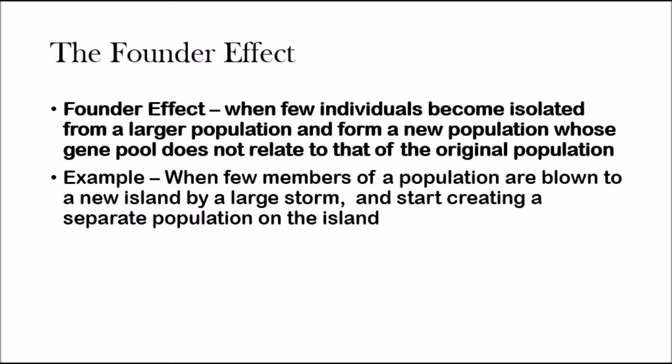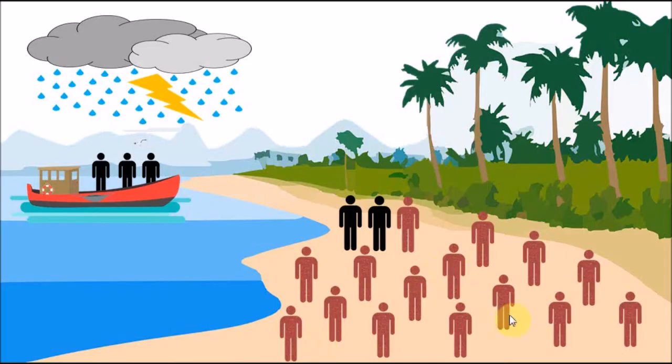The founder effect is when few individuals become isolated from the larger population and form a new population whose gene pool does not relate to that of the original population. For example, when a few members of a population are blown to a new island by a large storm and they start creating a separate population on the island. So you have all these members and then a couple of them are just blown off.